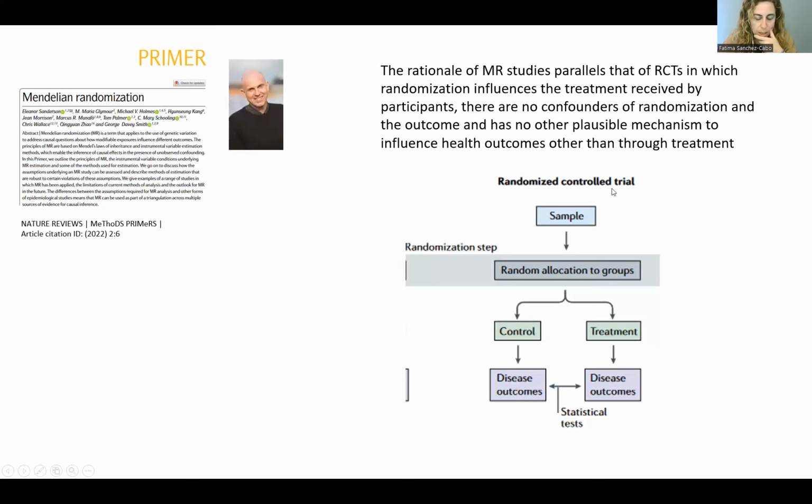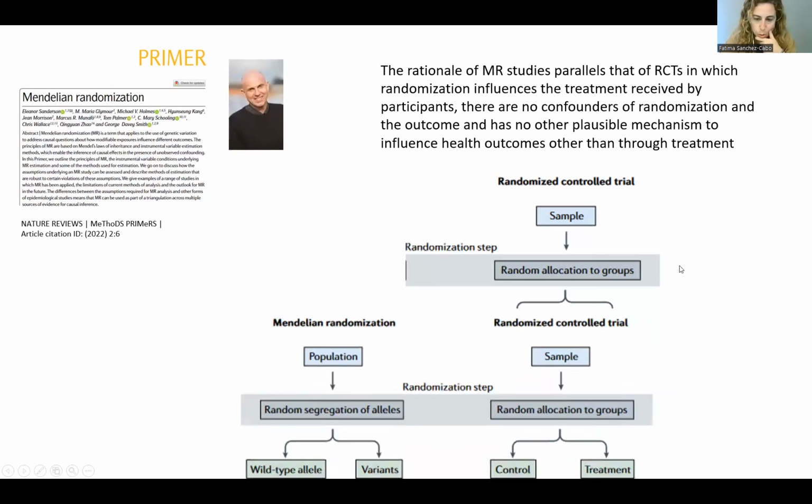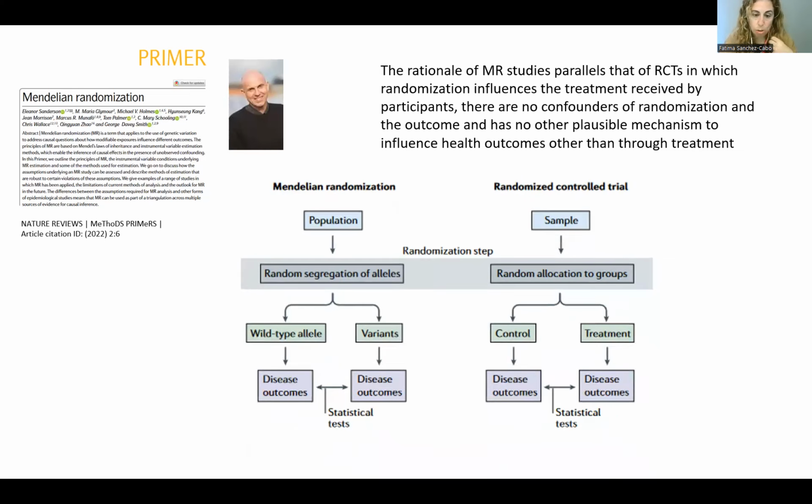As I said before, the rationale is let's try to use the random segregation of alleles that occurred in a natural manner as a randomization step.